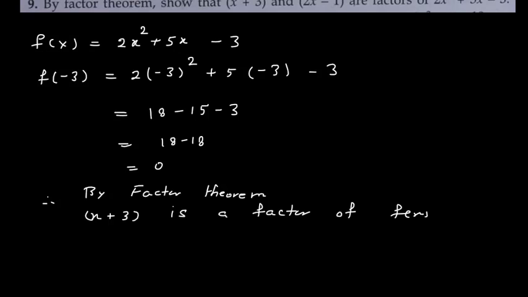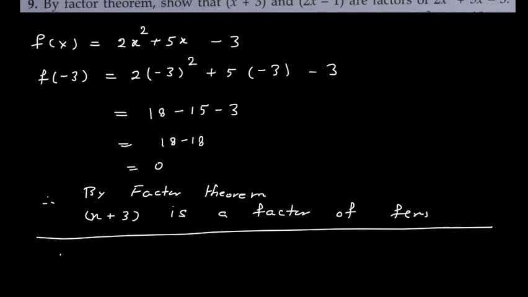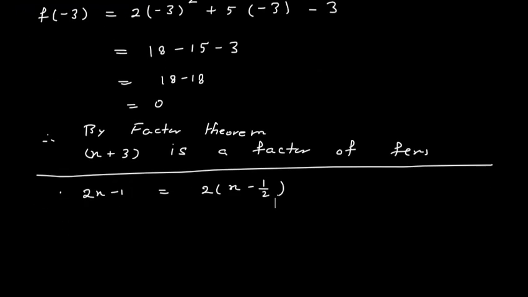Simple. Now I also have to check that this 2x minus 1 is a factor. So 2x minus 1 means here the second part. First I will take this 2 common, so it will become x minus half. So x minus half means I will find f of half, sorry, not minus half, f of half.